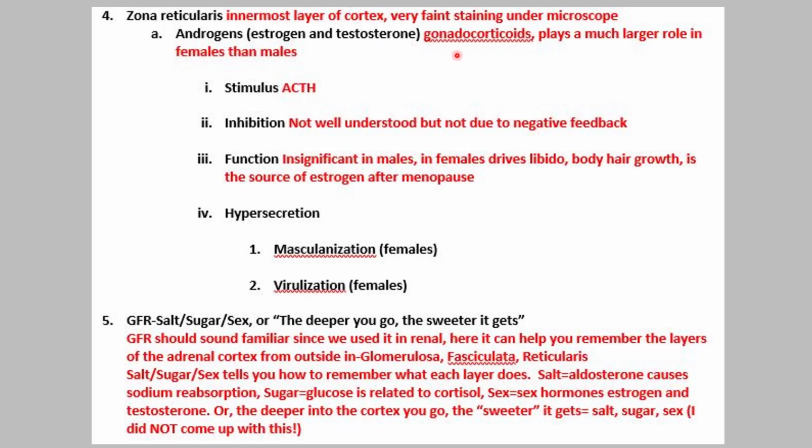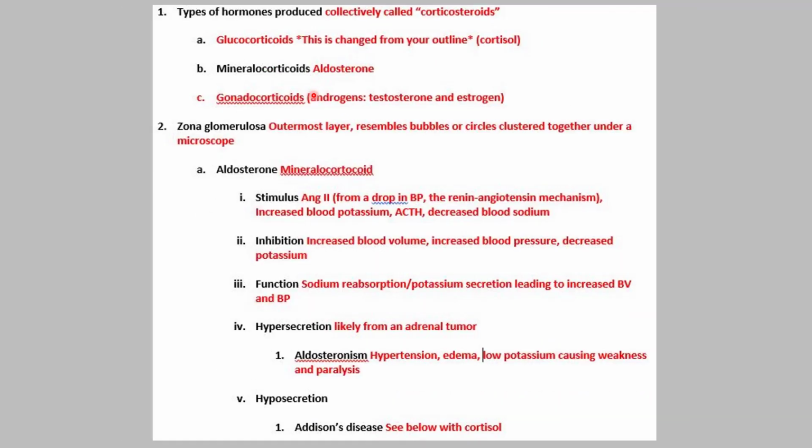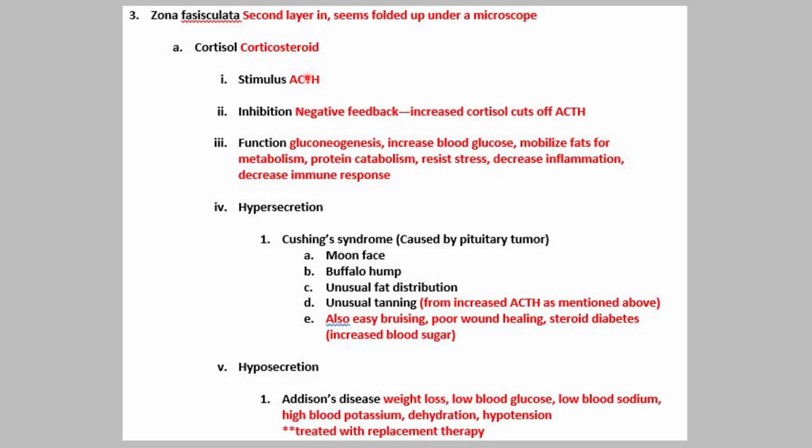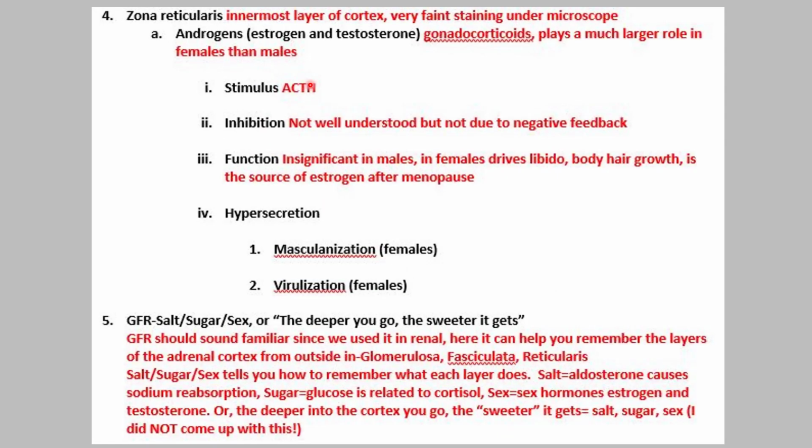It doesn't play much of a role. In females, it plays a really big role. So what's the stimulus? Also ACTH. So now, going back through the three layers, we can see the stimulus for aldosterone. There's a few, but we see ACTH. In cortisol, we see ACTH. In the androgens, we see ACTH.